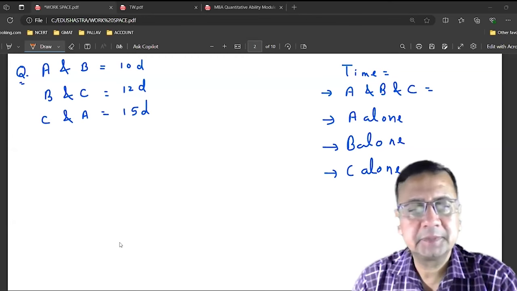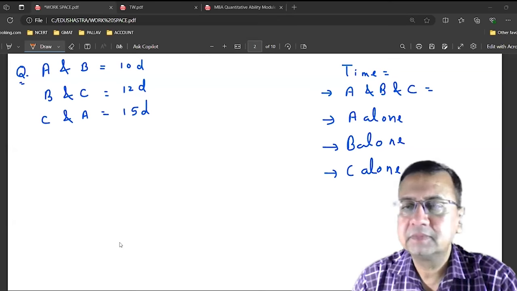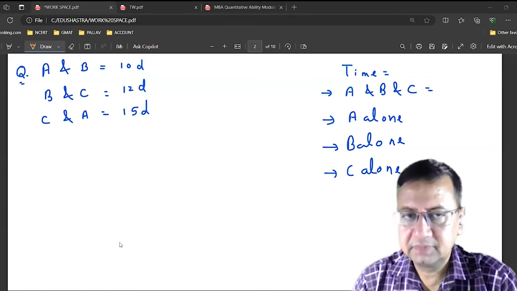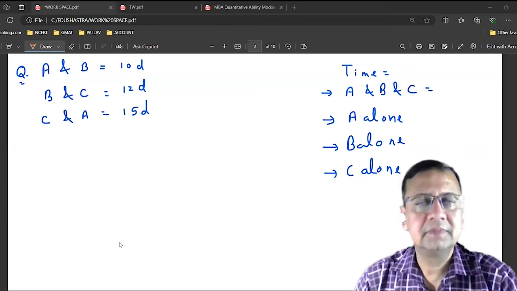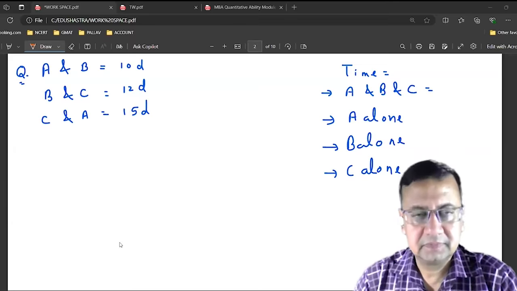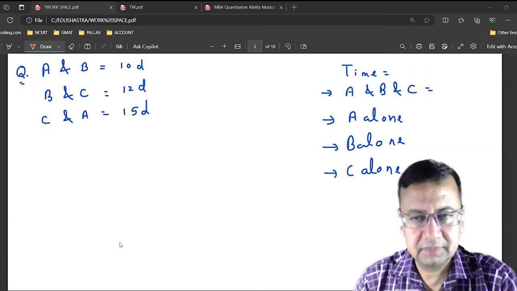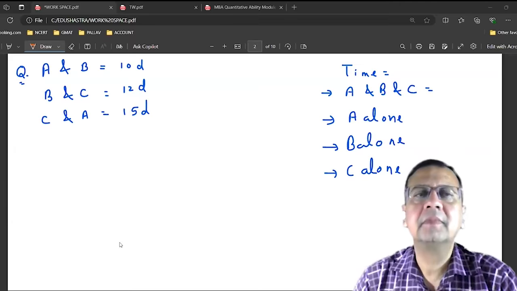8 days? Using the LCM, we will get 4 out of 60, 5 out of 60, and 6 out of 60, and then we add those and get 15 out of 60, which is 1/4. But because it is for 2A, 2B, and 2C, we divide it by 2, and then we get 1/8, sir.